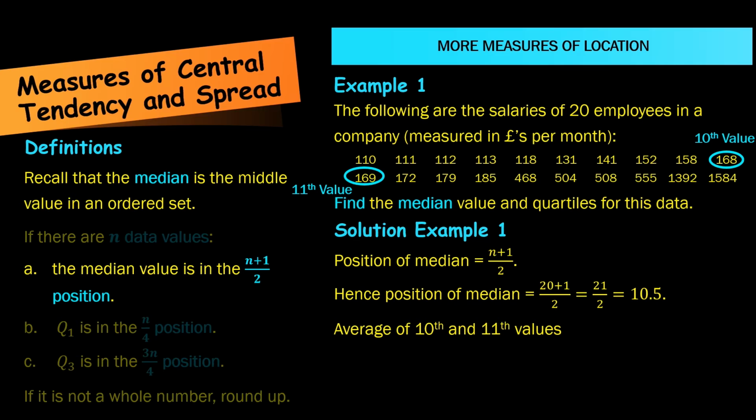Now, although we did say if it's not a whole number, then round up, because 10.5 is clearly right in the middle of these two values, it's easier to find the average of the two. And so, taking the average, we get that the median is equal to 168.5.